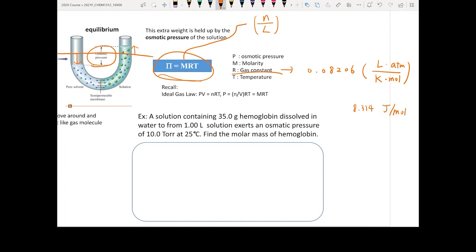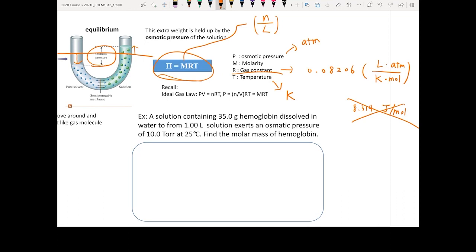This is not the R you want to use, so make sure you know what constant to use. Temperature has to be in Kelvin, and the pressure has to be in atm. That's all you need to know for this calculation.